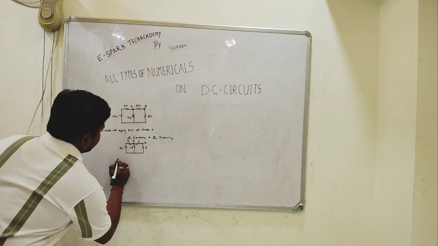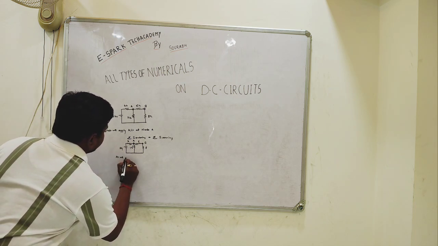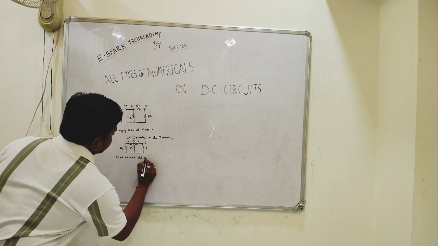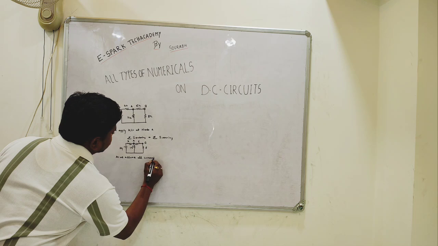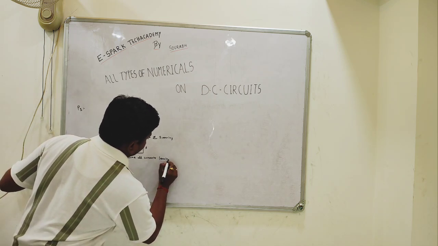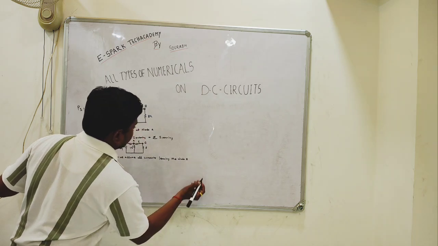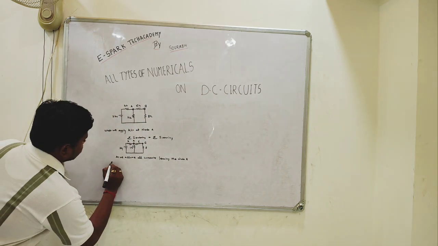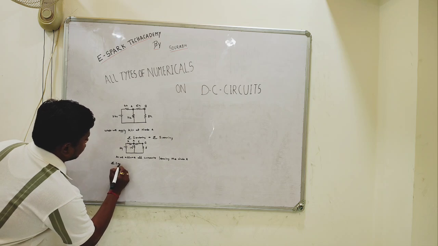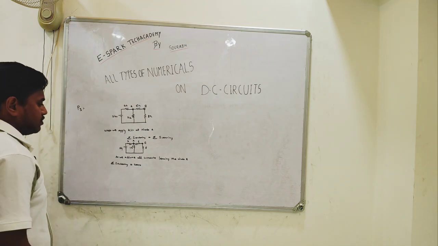As no current is entering, as we assume all currents leaving the node A, summation of I entering will be 0 in this case.